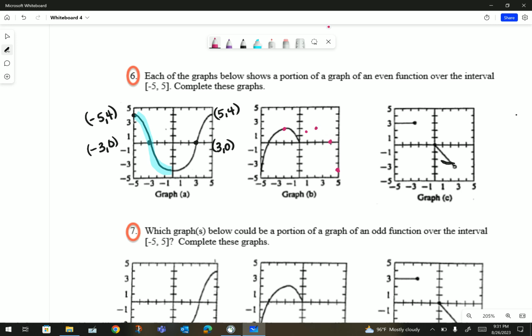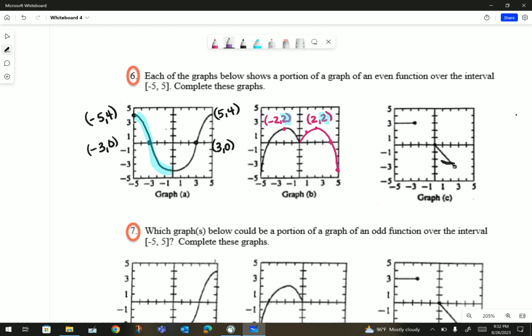Okay, so mirror image, let us reflect it over the y-axis. There is our even function. Okay, so each one of those points, the y values stayed the same. It's like this one was negative 2, comma 2, and then this one was 2, comma 2. The y values stay the same, just like we said even functions would be.